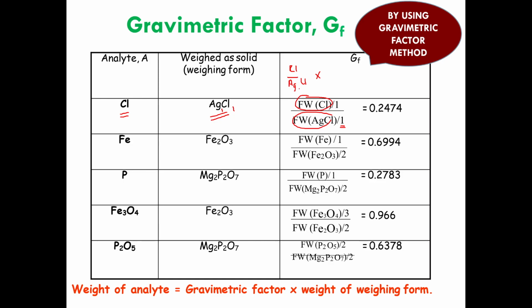Chlorine in precipitate has 1 here, so we multiply by 1, and we divide it by how many atoms in analyte. So analyte has 1, so multiply by 1.